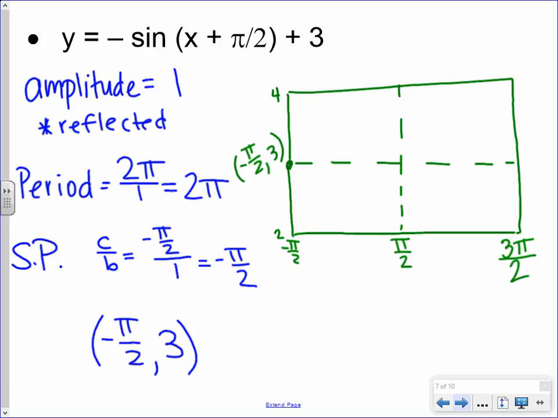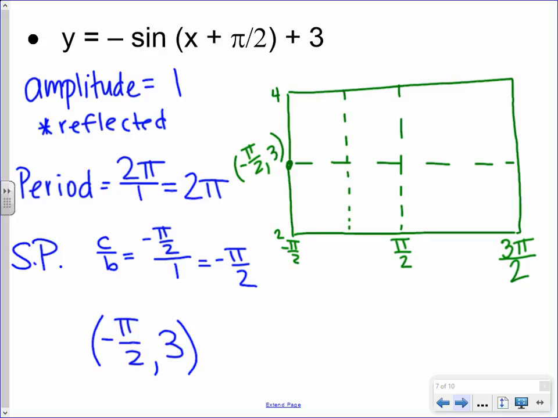If we're trying to find the middle of somewhere, we can take our endpoints, add them together, and divide by 2. That's how we find the middle, right? We find the average. So we can take 3 pi over 2 and negative pi over 2, add them together to get pi, right? Divided by 2, we have pi over 2. Okay? All right. Here's a nice one.